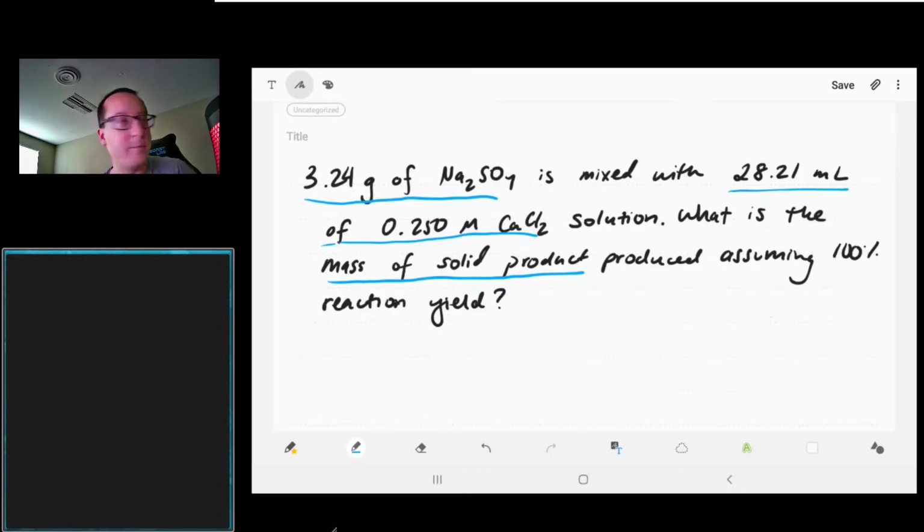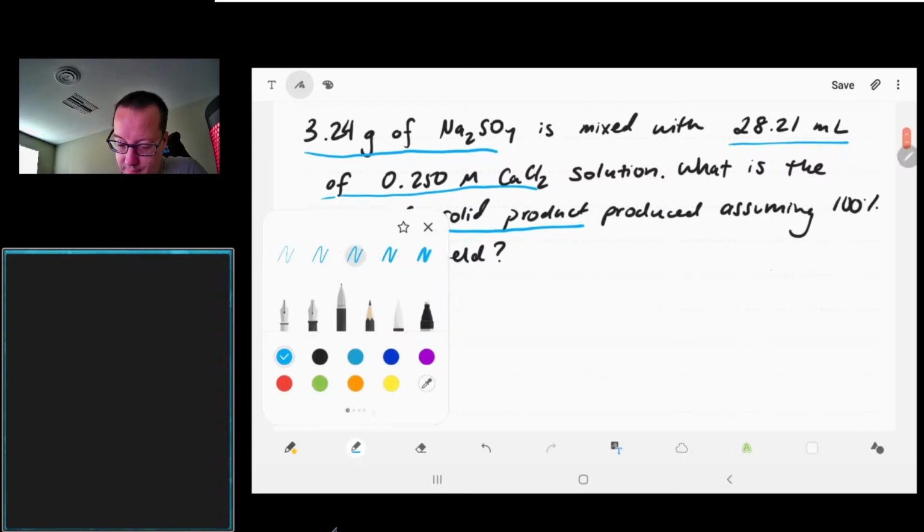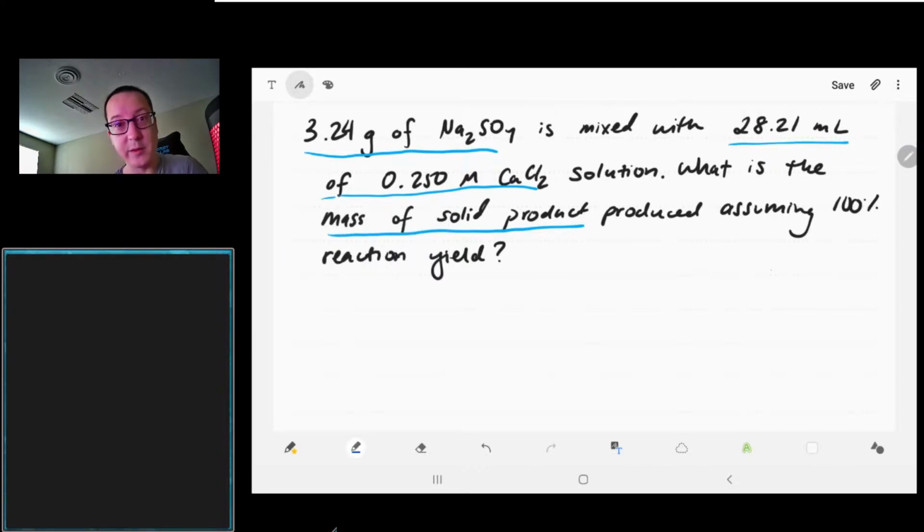That's going to tell us there's probably a precipitation happening, right? That's where we would get a solid product from a reaction like this. So those are the important bits, those three points of information that we're going to want to work with here. We're going to want to start off by taking a look at what this reaction would do.